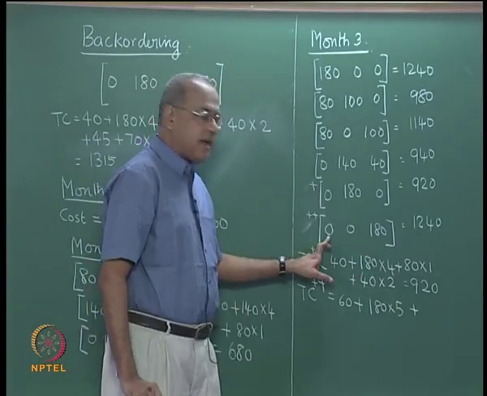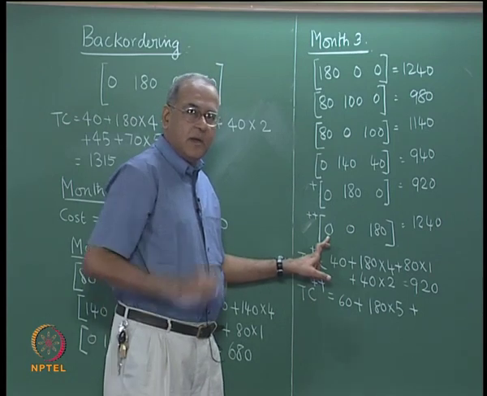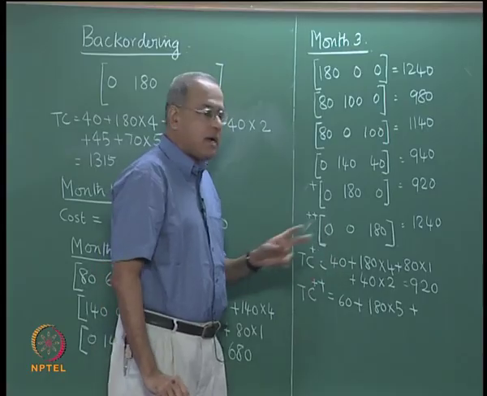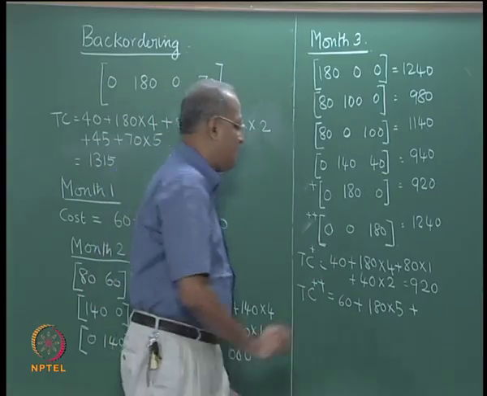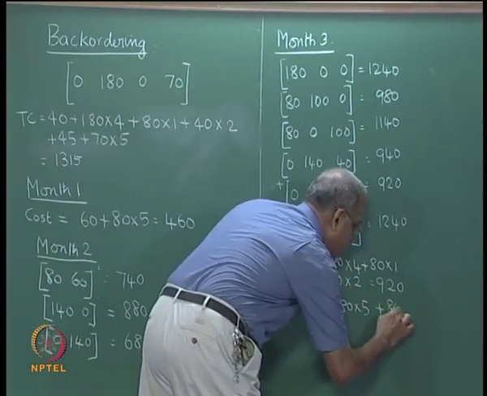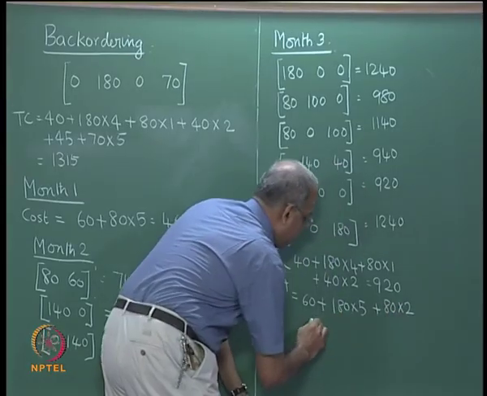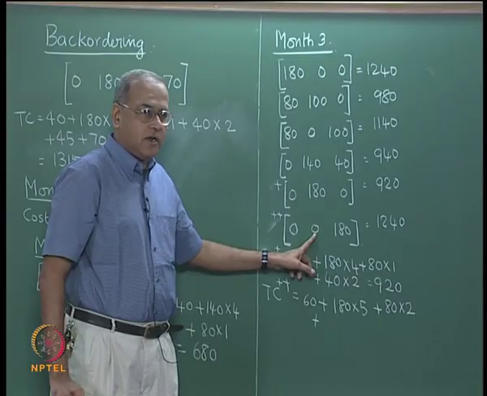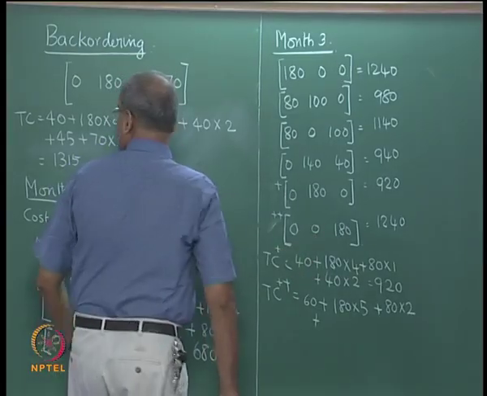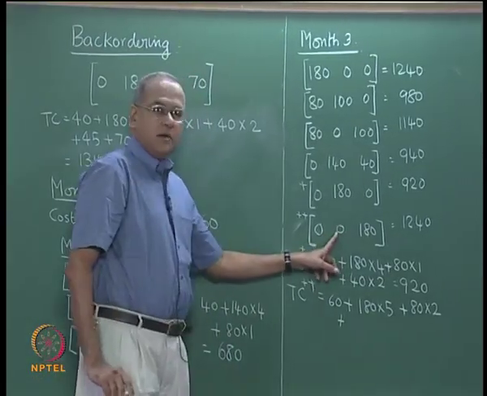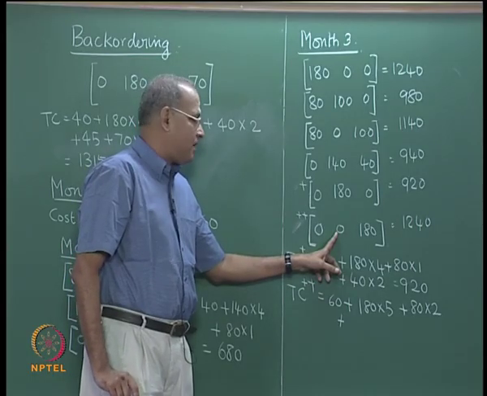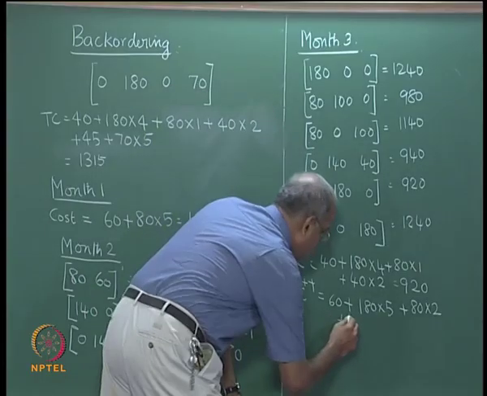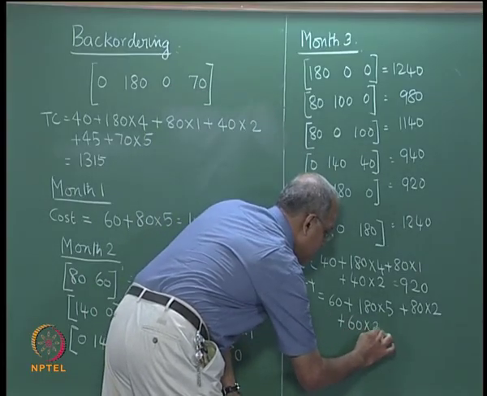For this period the demand is 80, the per period back order cost is 1, and it is back ordered for 2 periods, therefore it is 80 into 2, plus another 60 demand for this period is also back ordered. Now, back order cost per period for month 2 is 2, therefore, plus 60 into 2.